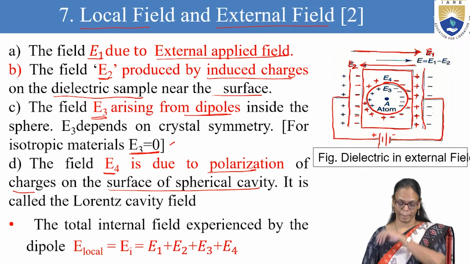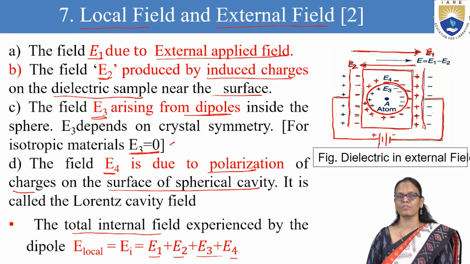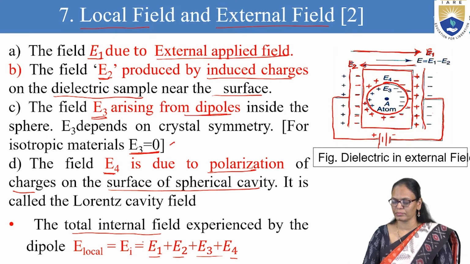The total internal field is now given by E1 plus E2 plus E3 plus E4. E1 is the external field, and E local gives the internal field.